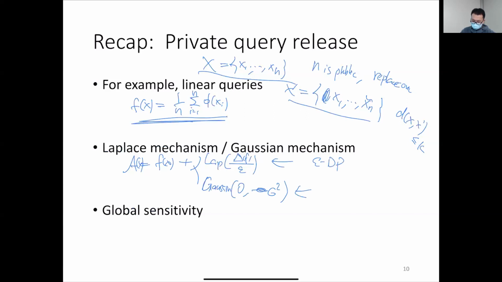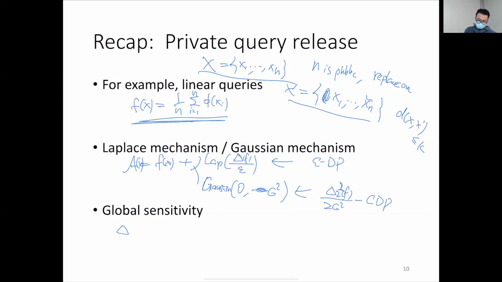satisfy the L2 sensitivity square over 2 sigma square concentrated differential privacy. Right, so these are our analysis of this algorithm. And so what are these deltas?